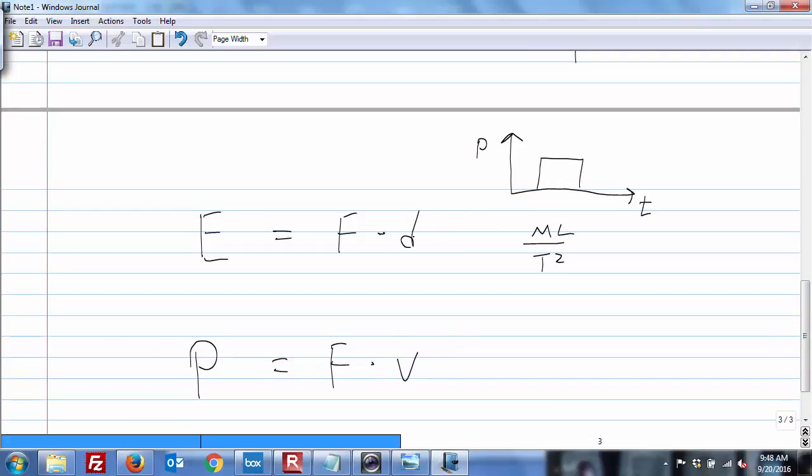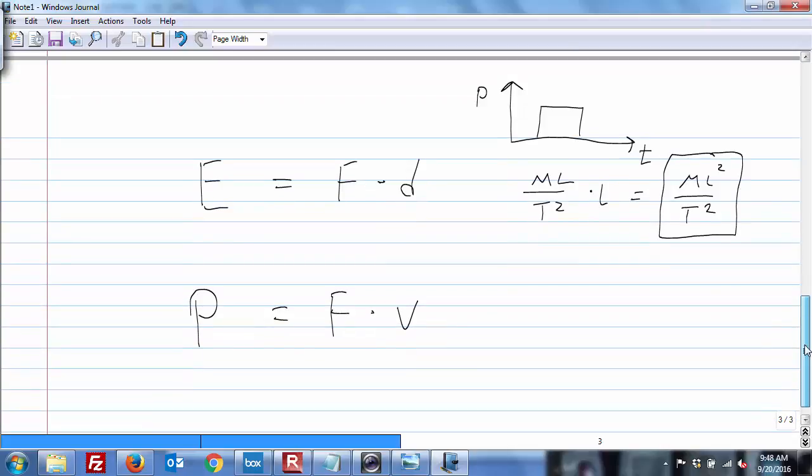Distance has dimensions of length, so we multiply by length. That equals mass times length squared over time squared. Those are the dimensions of energy.